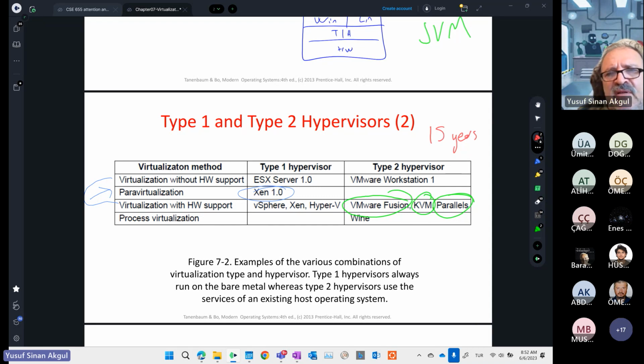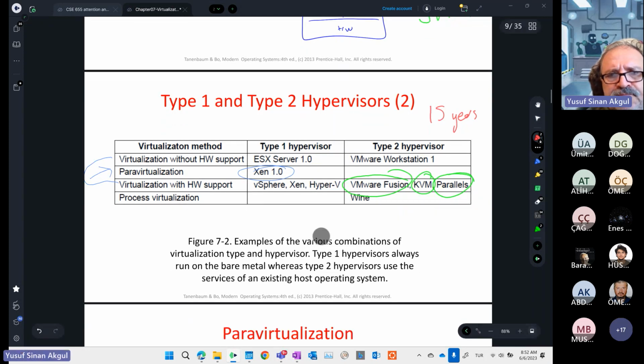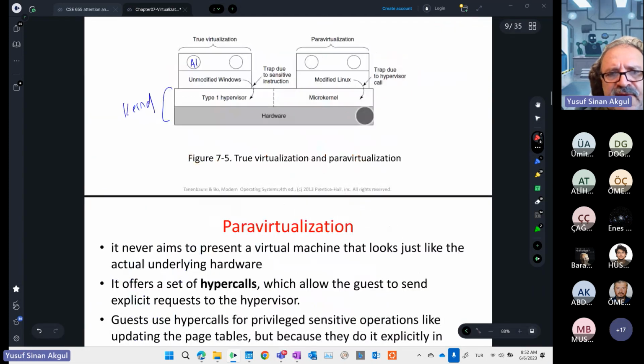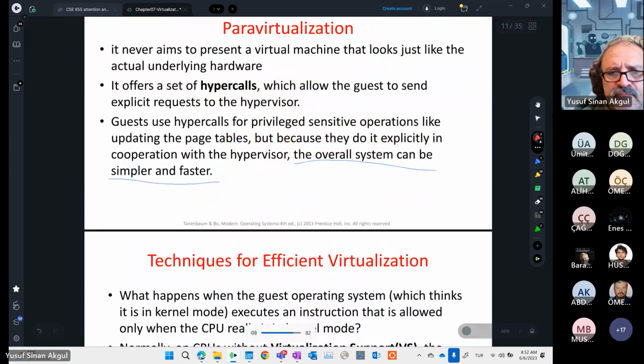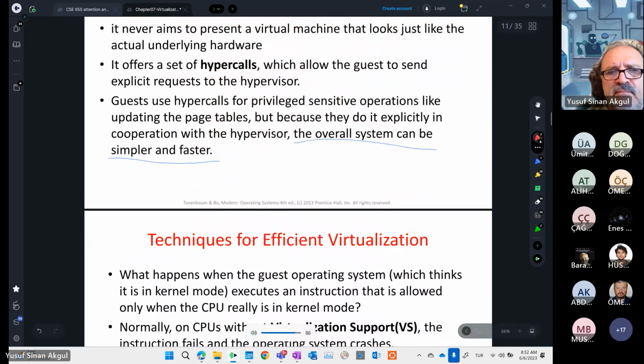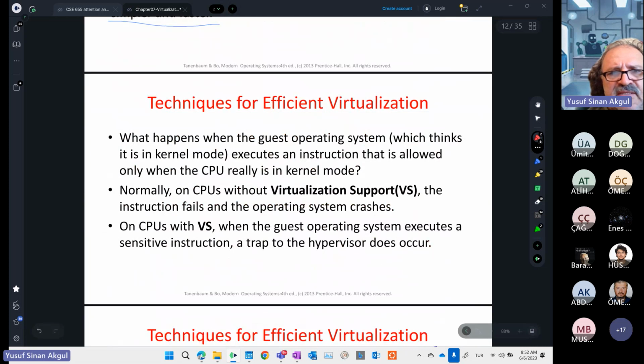When they became powerful enough, then virtualization took off. And without the hardware support, we had VMware Workstation. We had these kinds of hypervisors. Okay, good. So we talked about this.